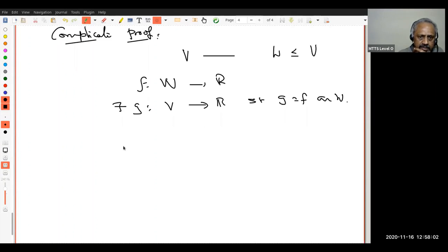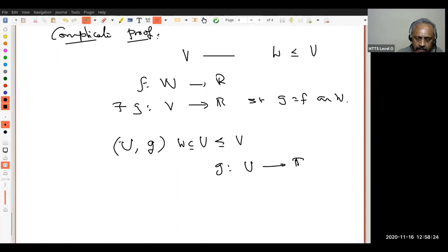So what I look at is the set of all pairs (U, G), where U is a vector subspace of V such that W is contained in U. And G is a linear map from U to R. Notice that W is already a subset of U, therefore I can restrict G to W. This I want to be F. Do you understand this?